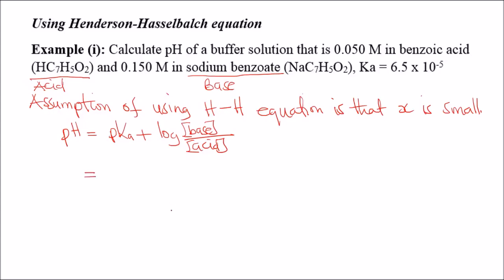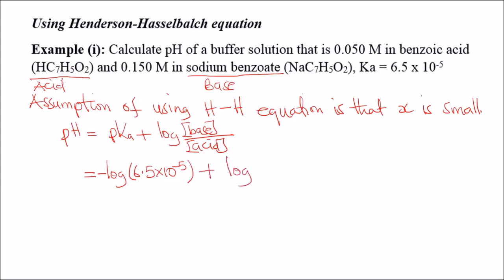So we know that pKa is minus log of Ka, and our Ka in this case is 6.5 times 10 to the power negative 5, plus log.